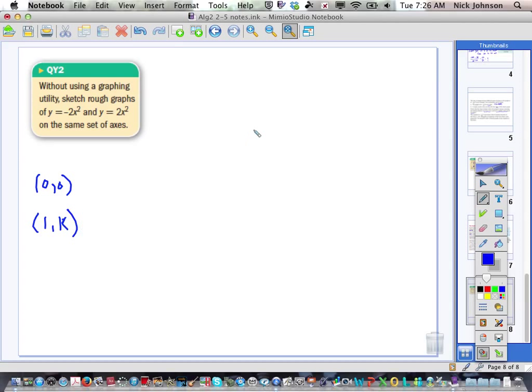Okay? So I'm going to use that to my advantage, and I'm going to graph both of these. So 0, 0 is on both of those. I'm going to do this one first. And you can do this on your calculator, but sometimes you can do these very fast.